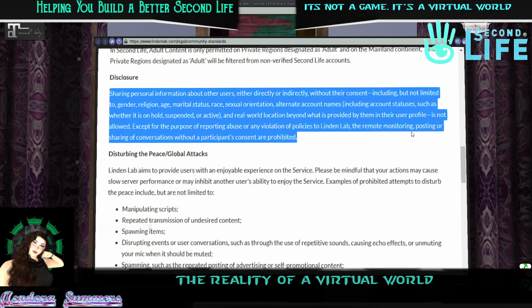The remote monitoring, posting, or sharing of conversations without a participant's consent are prohibited.